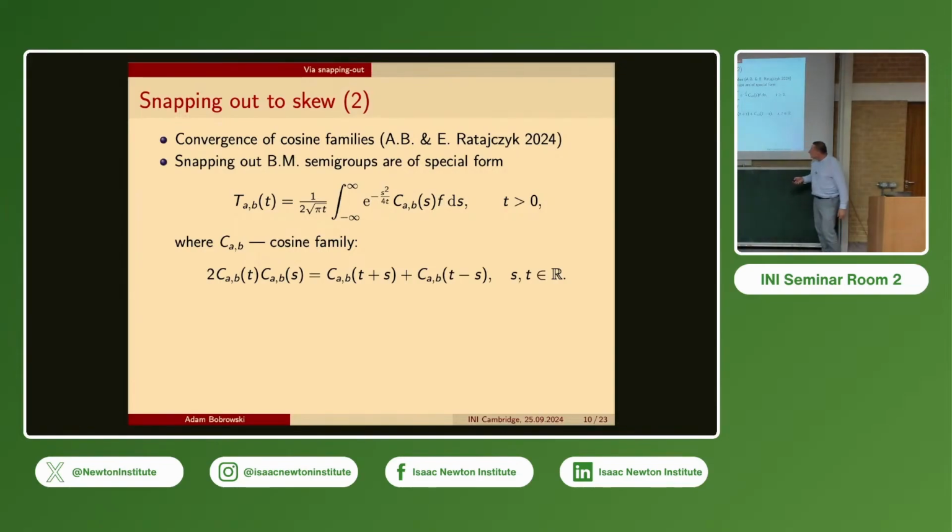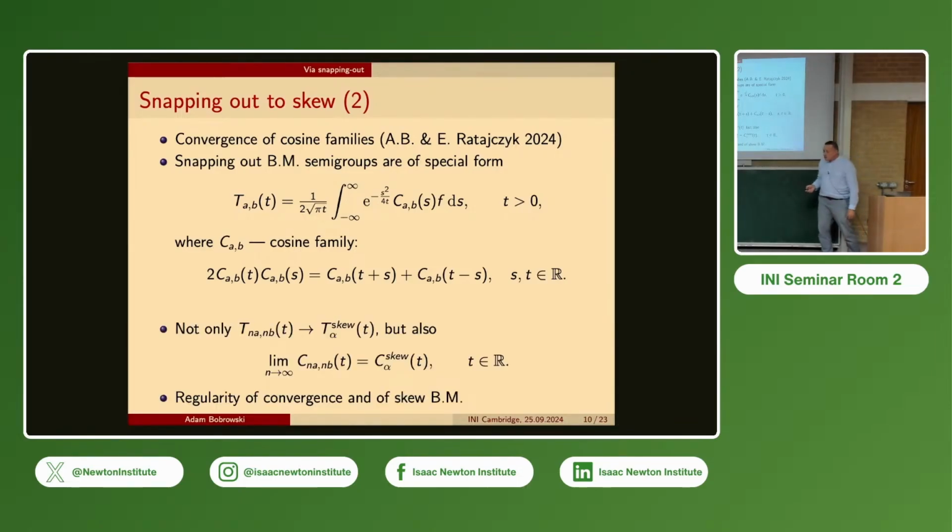And it turns out that, first of all, these snapping out Brownian motions are of this form. And secondly, not only the semigroups converge, but also these cosine families that are hidden inside. Of course, any property of this cosine family immediately transfers to the semigroup, but not vice versa.